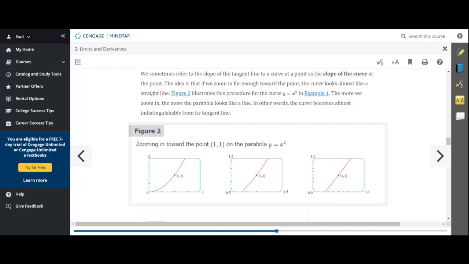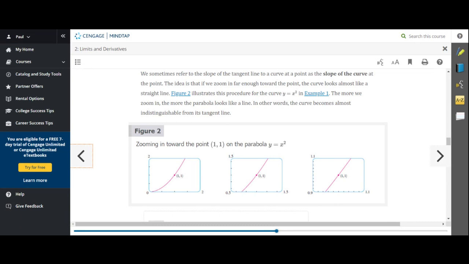And that would make sense because there is a line tangent to the curve at the point 1, 1. And that line has the equation y equals 2 times x minus 1. And that would be approximately equal to that, it almost looks like the tangent line in the third picture.